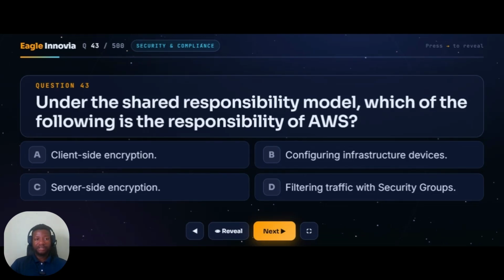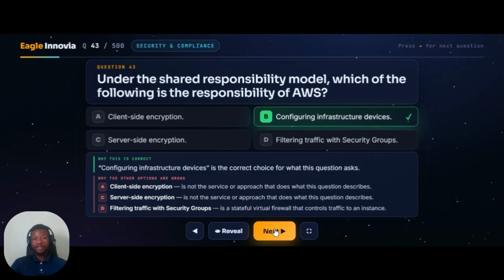The correct answer is B. Configuring infrastructure devices is correct in this scenario because it is AWS's responsibility to take care of the provisioning of the physical data center services and the security of the personnel and the hardware in their various data centers. And they have to be the ones to configure those devices as well.